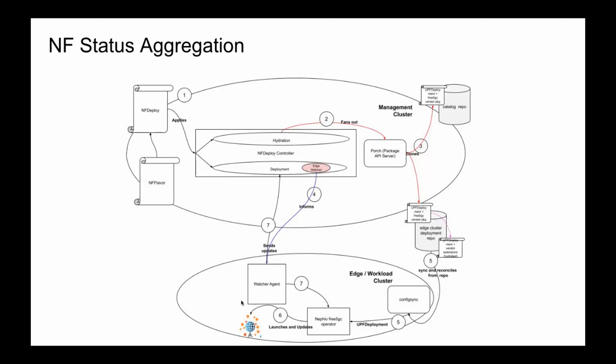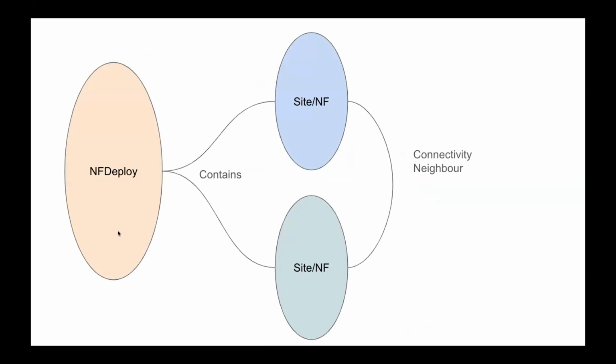It has some watcher agent, which is a gRPC client, and there is an edge watcher, which is the gRPC server, and it sends some gRPC messages about the NF, and in the status portion of the NF topology, it gets marked whether it is deployed or not deployed. And also it maintains one topology. Okay. If you see here the CR, the NF deploy had sites, and each site was representing one NF.